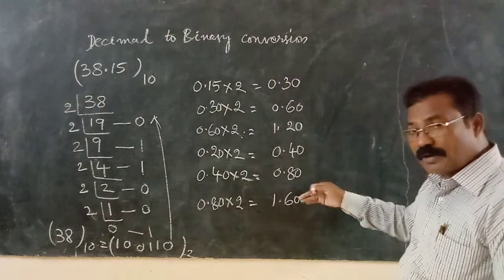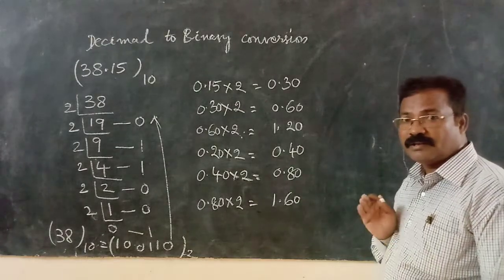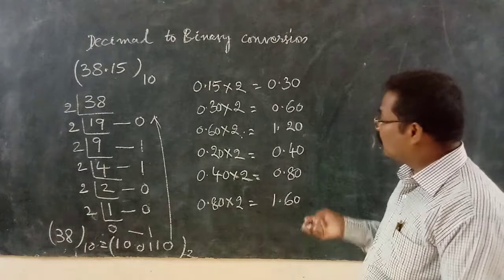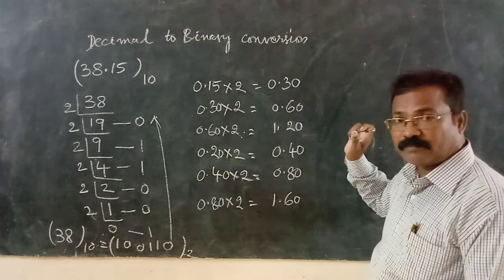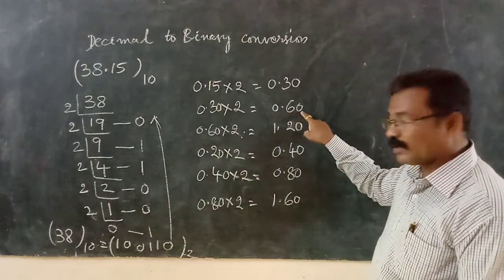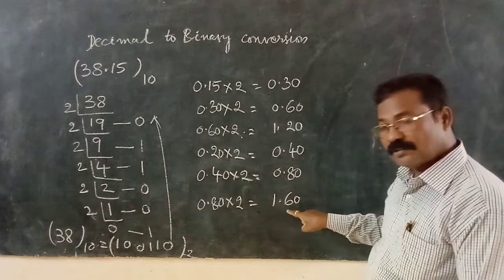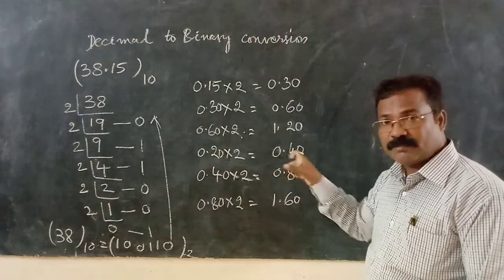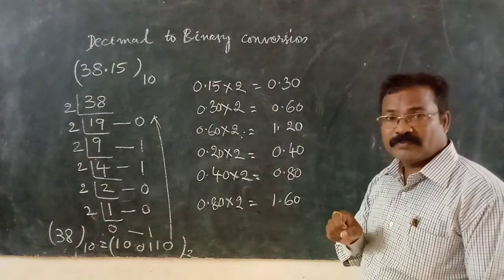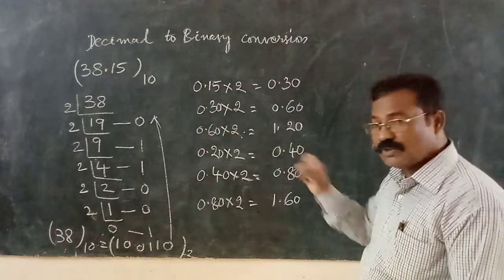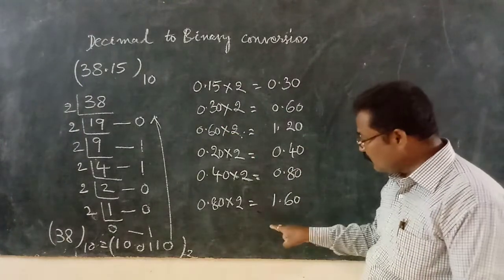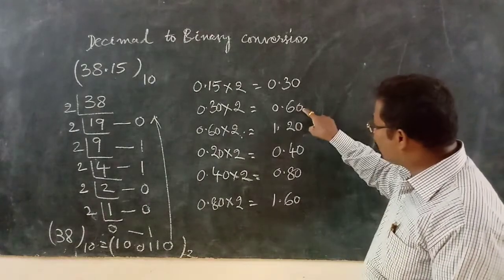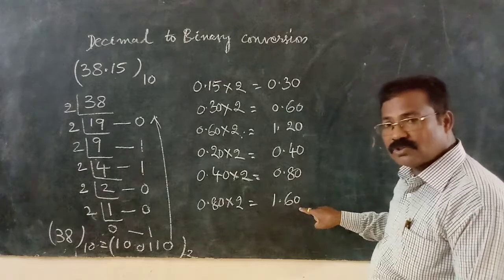This process can be continued until the answer is 0 or the fractional part is recurring. That means here 0.60 occurs, and again in this step 0.60 occurs.